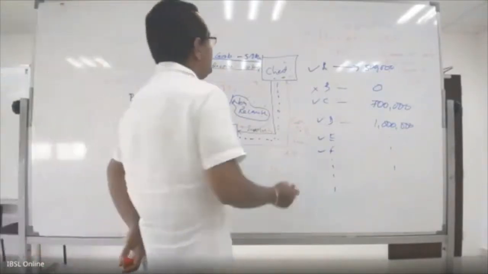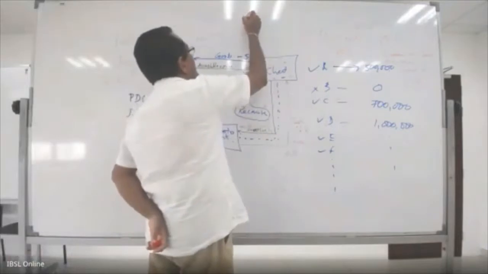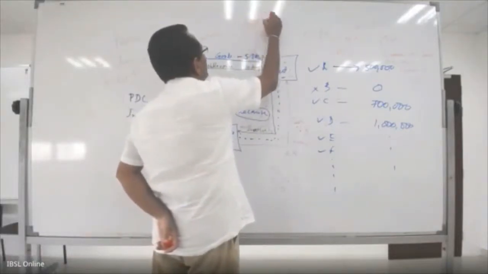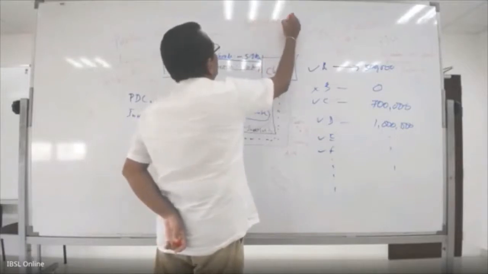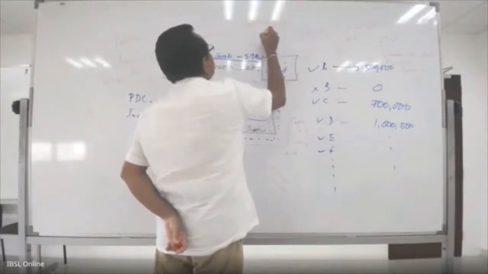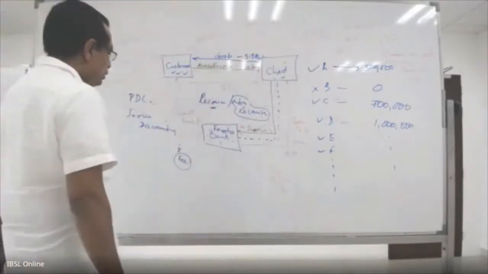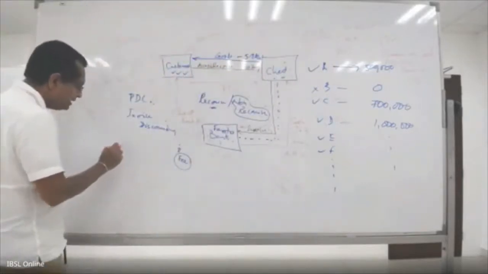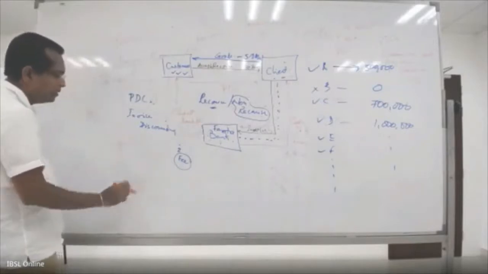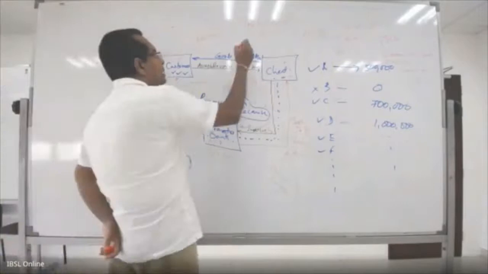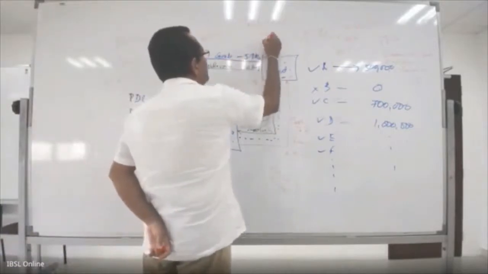So on PDCs, what we do, we take some initial deposit. We say we take 10% initial deposit. So if out of the PDCs 90% realize, still you are bidding. You say you are discounting only 80%.